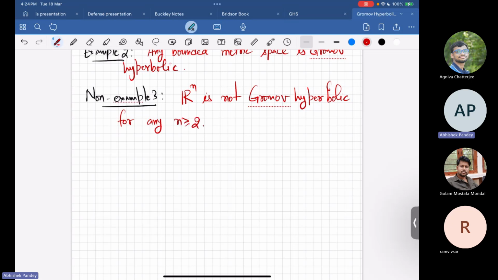Basically, what's going on here is that you take a triangle and assume that it is delta slim. We can scale the triangle by a factor c, and the new triangle, cT, will be c·delta slim. Letting c tend to infinity shows that R^2 is not delta hyperbolic for any delta greater than or equal to 0, because we can take large triangles in Euclidean spaces.